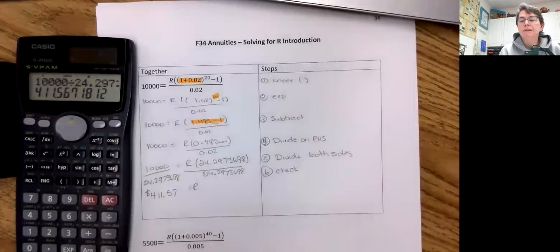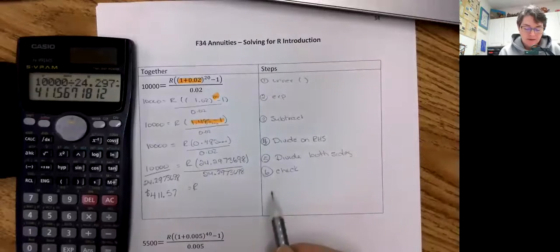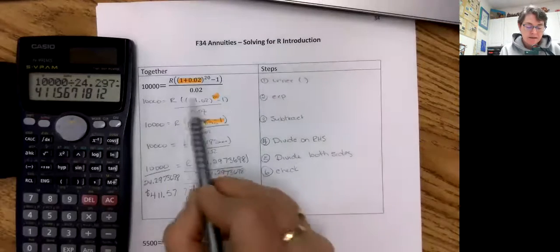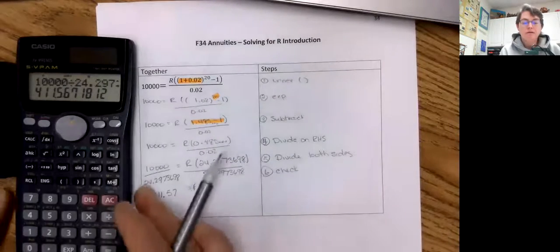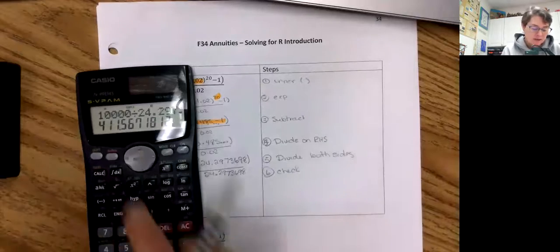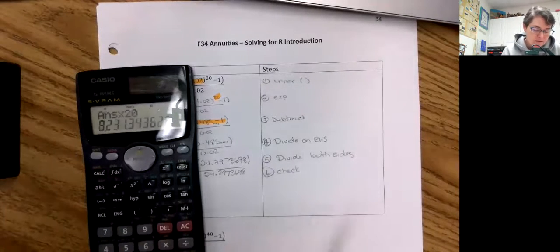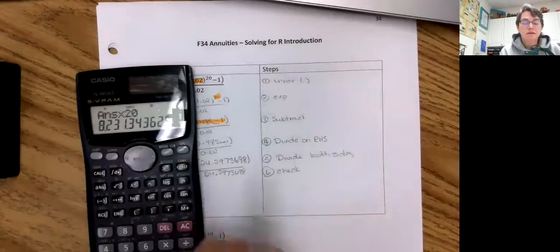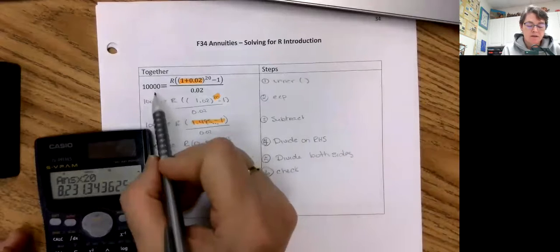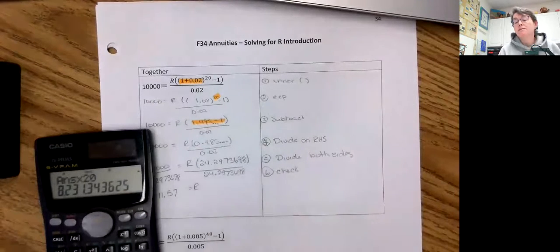Without the word problem, it's really hard to check, but that's what you normally would do. Based on this, it looks like there were 20 payments. So if I quickly take this number and multiply it by 20, I get about 8,000. And this was a $10,000 savings, so 8,000 makes sense. It should always be less than what you're totaling.